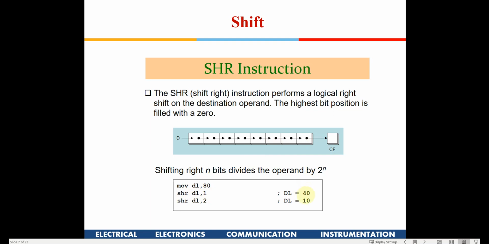Then you will get the result as 40, because it is going to divide now. Once the data is moved towards the right, it is equivalent to dividing it. Okay, if you shift it by 2 times, it will become 20. Right? If you see the binary bits. So shift right can also be used as a divide operation.